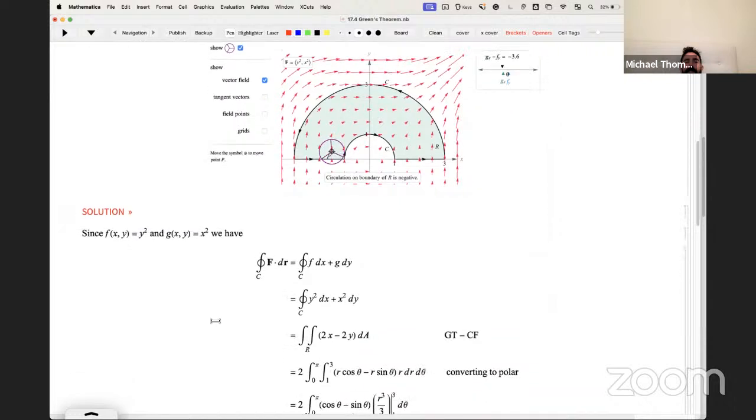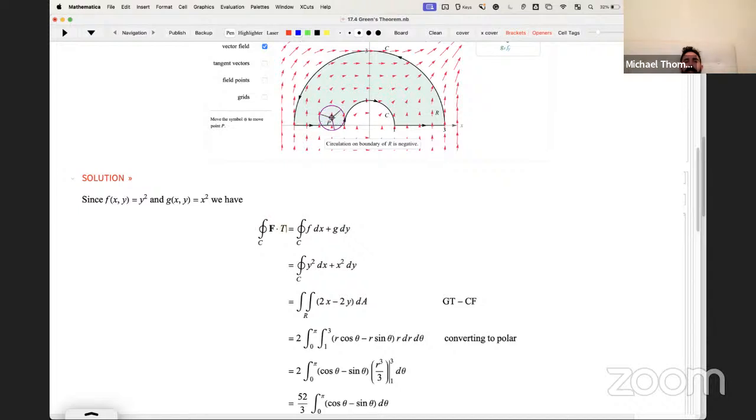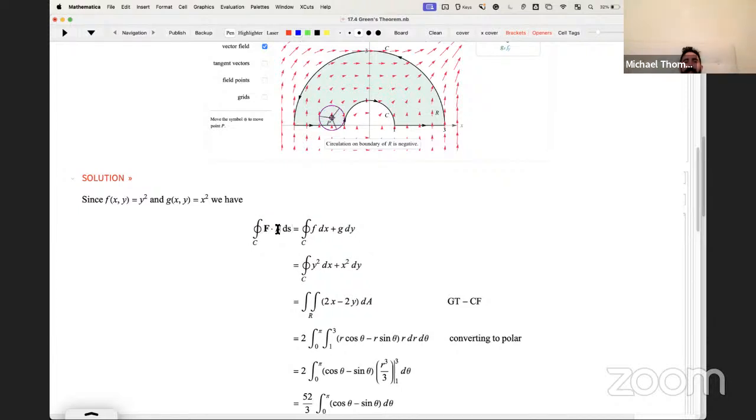So let's evaluate the circulation. You could use this form. I usually like to use this other form, but it doesn't really matter. They mean the same thing, and this was the shorthand notation for the same thing. So you could write it this way, but we could just skip right down to here.